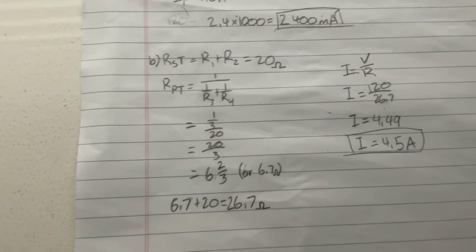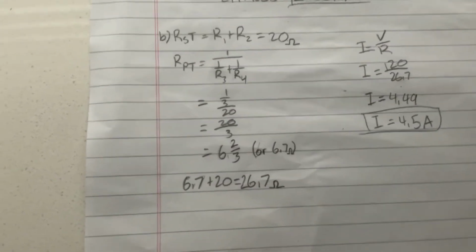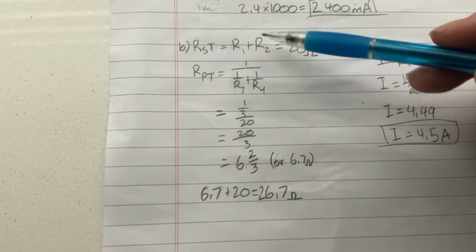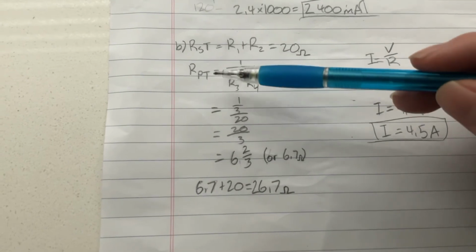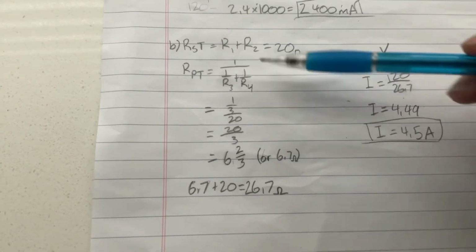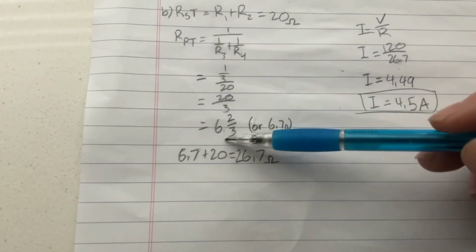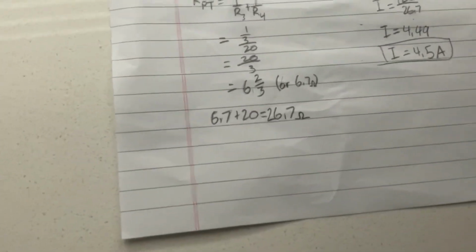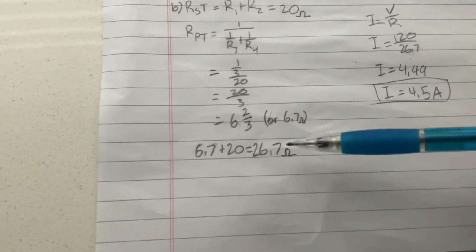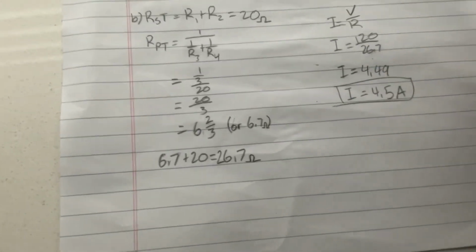For 5b, I use the same way of doing it, which is R of the series total equals R1 plus R2, which equals 20 ohms, and R parallel total equals this formula, which equals 6 2/3, or 6.7 in decimal form. And adding them together, we have 26.7 ohms.